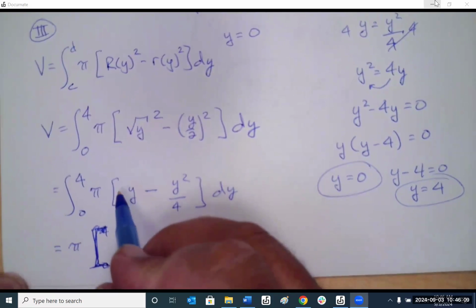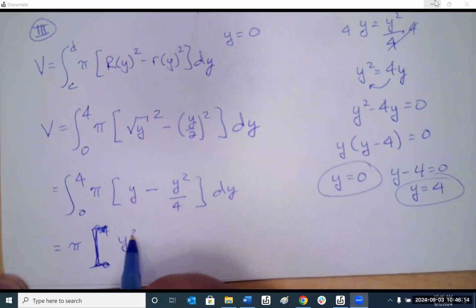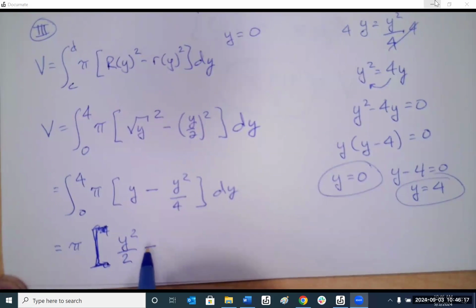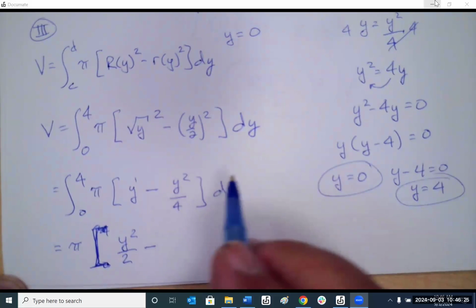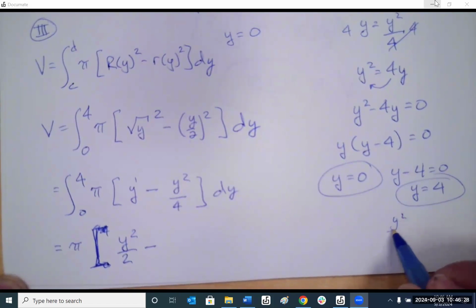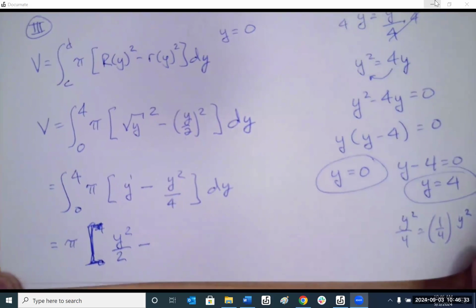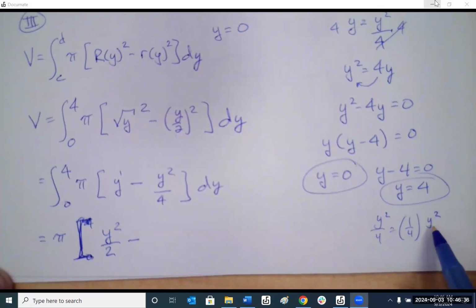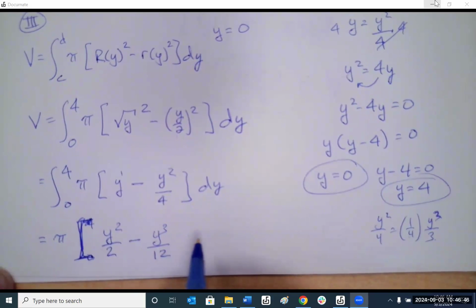What's the integral of y? Y squared over 2, because the power of it is 1 already. Y squared over 4 is the same thing as 1 over 4 y squared. The integral of y squared is what? Y cubed over 3. So we have y cubed over 12.